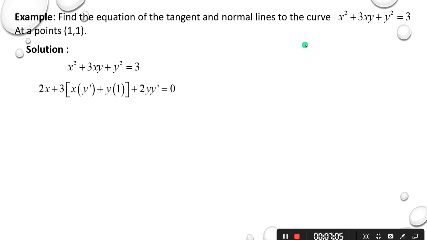By getting the first derivative using the power formula and the product rule, 2x plus 3, we isolate the constant from the two variables because this is the combination of 3, x, and y.